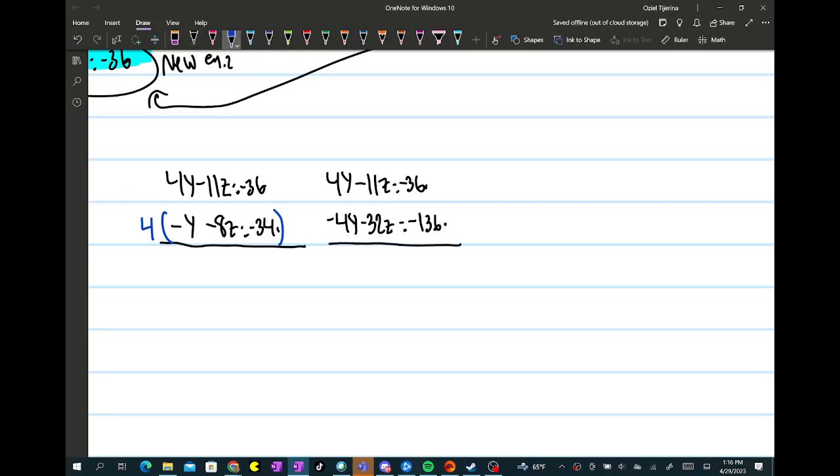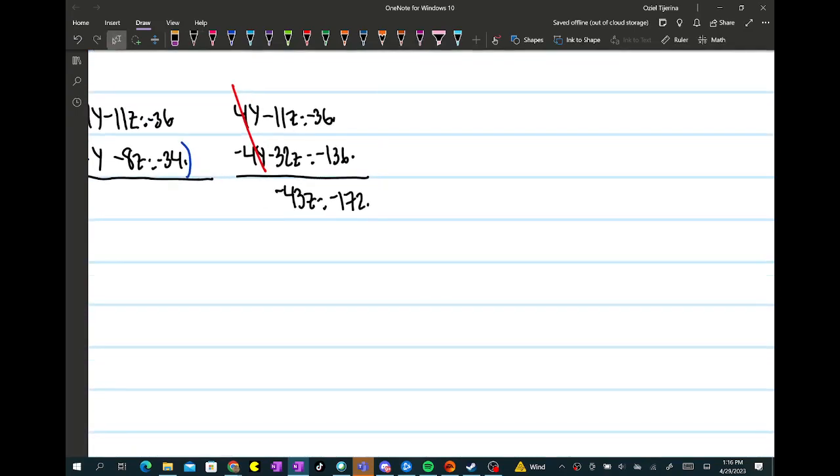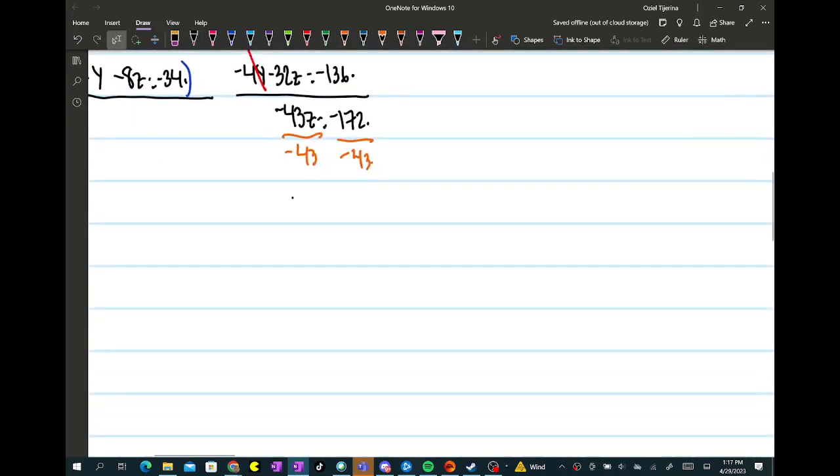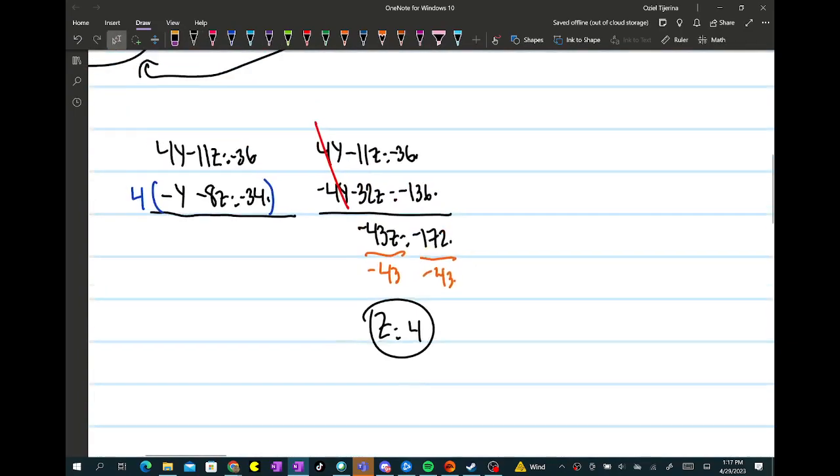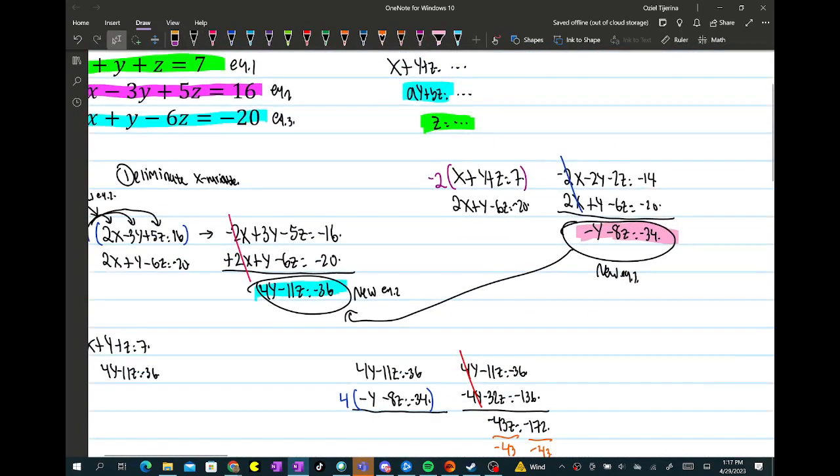So then finally, this eliminates, and I end up with negative 43z equals negative 172. And if I divide both sides by negative 43, this is going to give me z is equal to 4. So now I have found my z value.